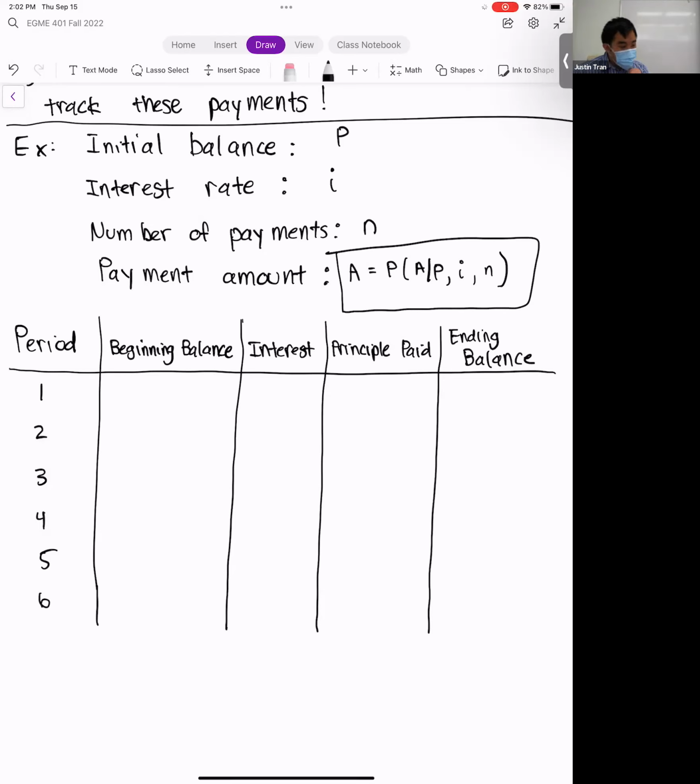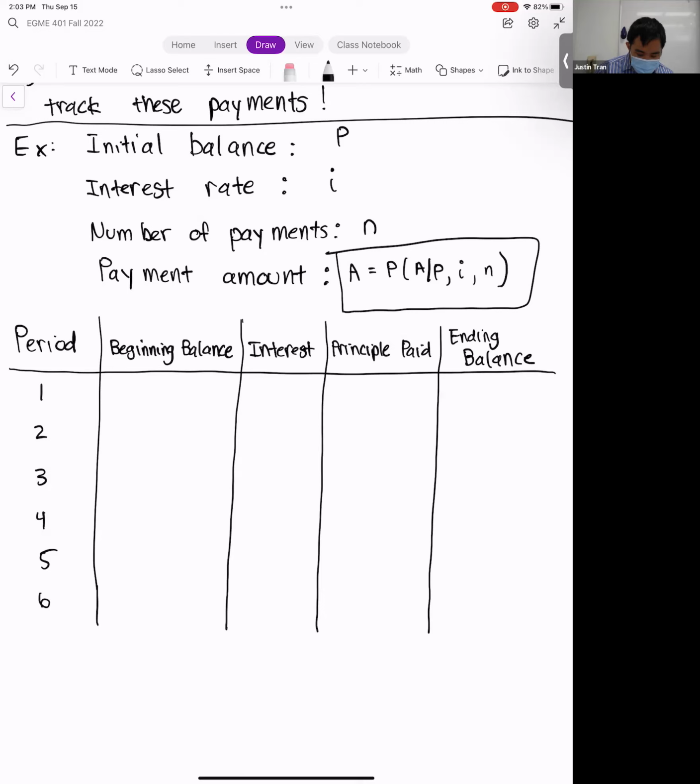That's the only part, your payment amount, where you have to use either the compound interest tables or, which I think is more common in practice, a formula. Oftentimes you're going to get an interest rate that's not a perfect 3%, 4%, 5%. It's going to be somewhere in between, like 3.2%, 3.7%. You might have to use a formula to perform that cash flow conversion.